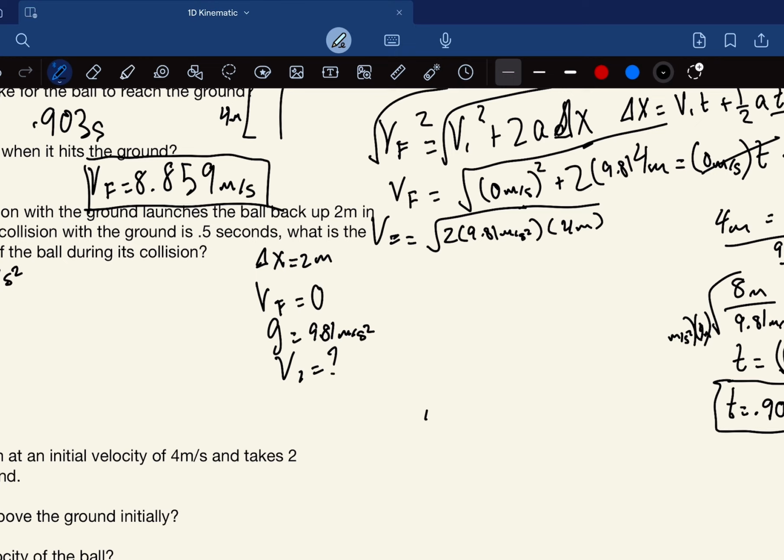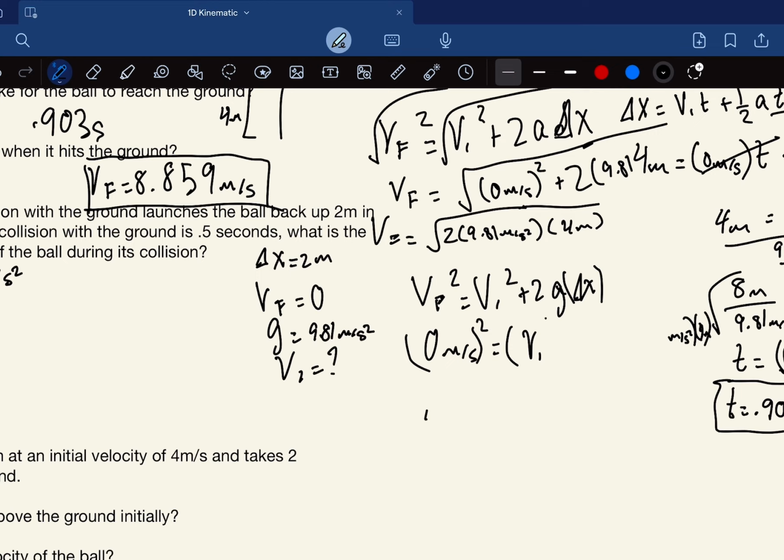So for this question, we can once again use the formula VF squared equals VI squared plus 2A, or in this case G, times delta X. So VF equals 0 meters per second. VI is the unknown, so just VI squared.